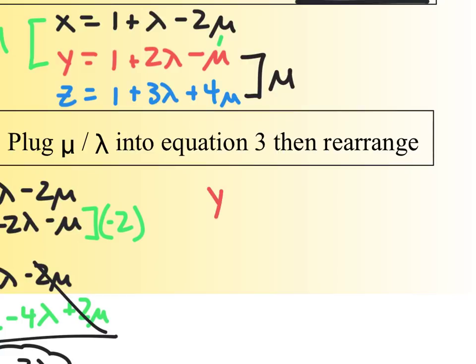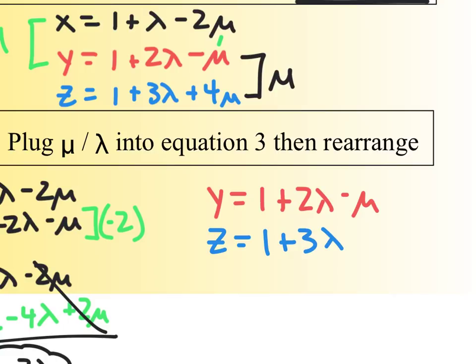So I've got y in the second portion. I've got y equals 1 plus 2 lambda minus mu, and z equals 1 plus 3 lambda plus 4 mu. Now I could see right away that if I multiply this one by 4, I'll eliminate them.